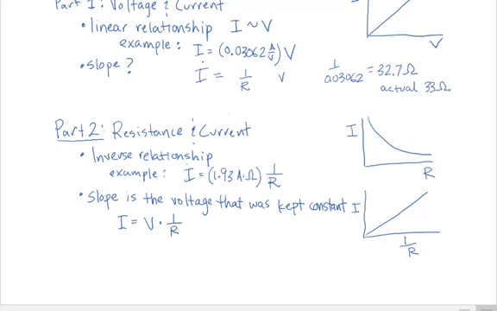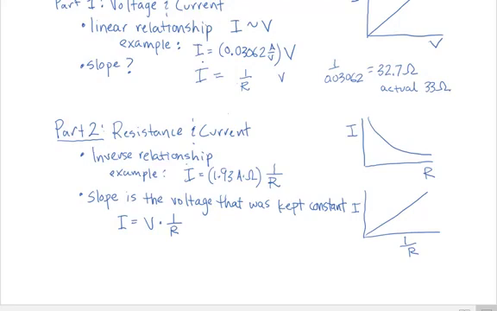So right there, we're seeing that, oh, that's the thing that we kept constant in part 1. In part 1, we kept the resistance constant, changed the voltage, and saw what it did to the current. And the slope is related to that value that we kept constant. And then in part 2, again, the slope was related to the value that we kept constant. In that case, it was the voltage.